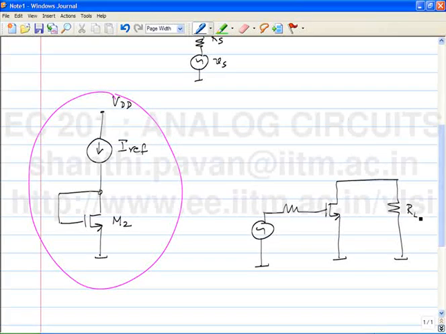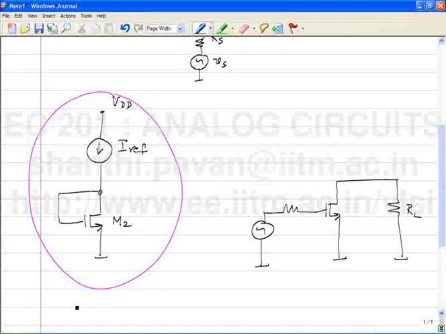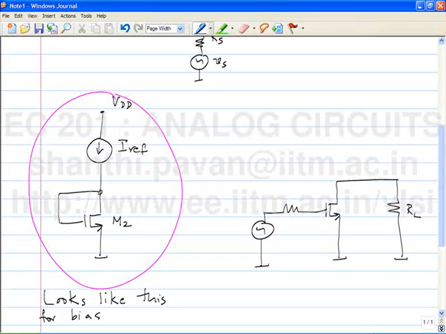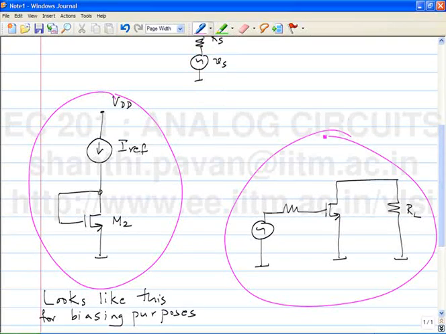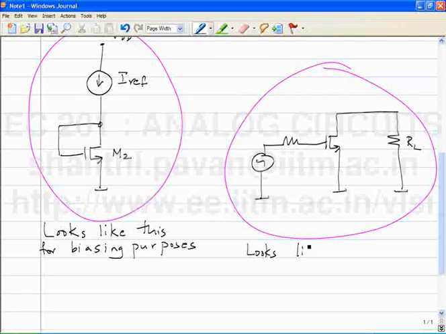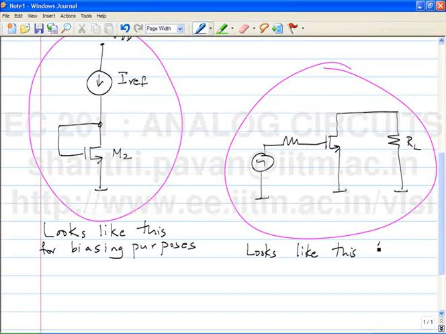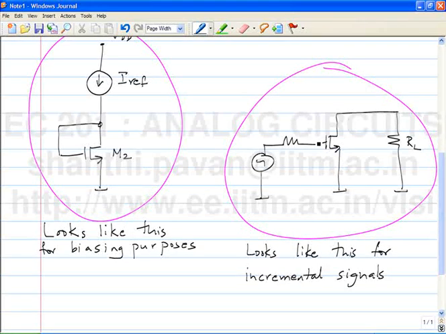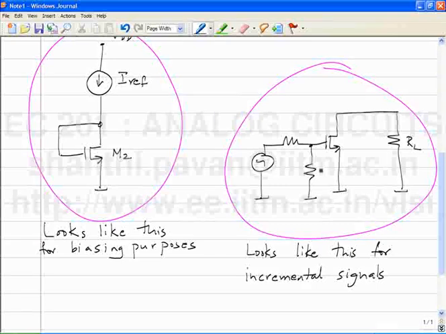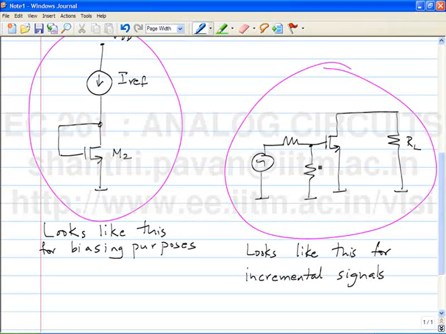So we need, in other words, to cook up a circuit which looks like this for biasing purposes, and one which looks like this for incremental signals, perhaps with some resistor there, because if we look back at yesterday's notes, we found that it's not just RS but also some resistance RB.